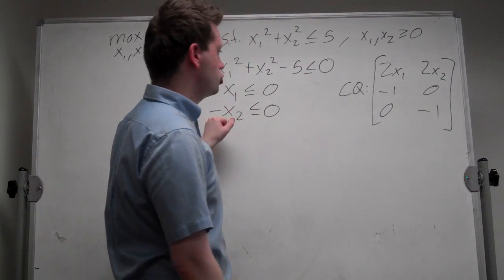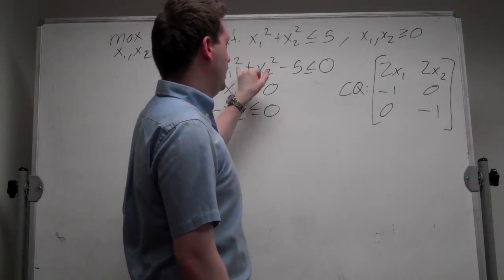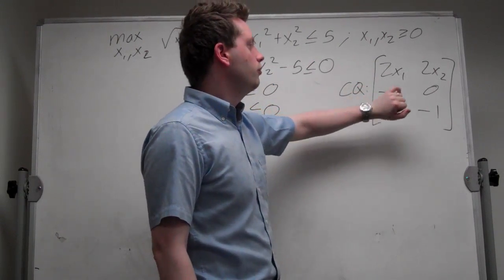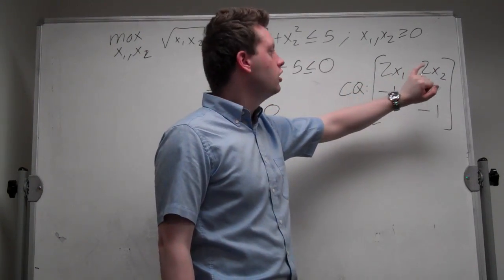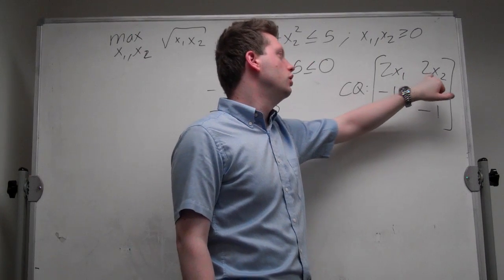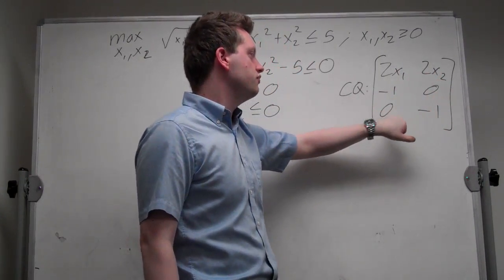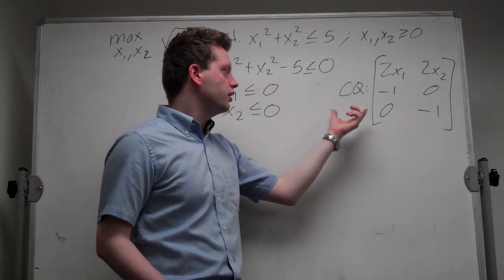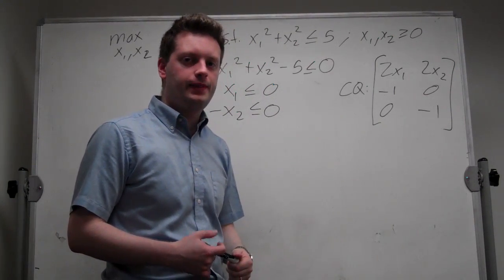Similarly, if x2 is equal to 0 and the first constraint is binding, then we have these two where we have a 2x1 here, where x1 is not equal to 0, and 0 here. So this vector and this vector will span R2, and the constraint qualification is satisfied.